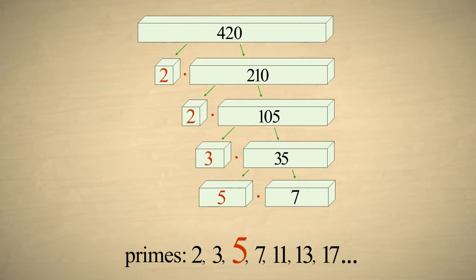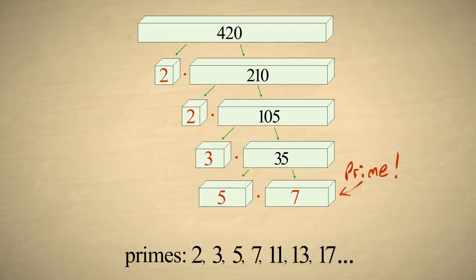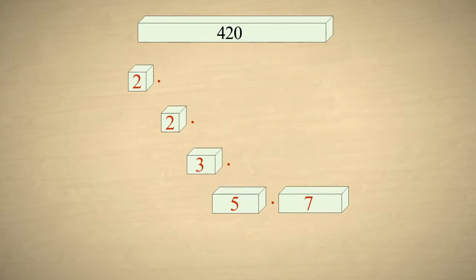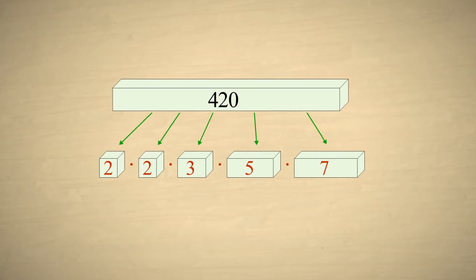Now we have the factors 2 times 2 times 3 times 5 times 7. Since 7 is a prime number, we are finished factoring. We have decomposed the composite number 420 into its prime factors.